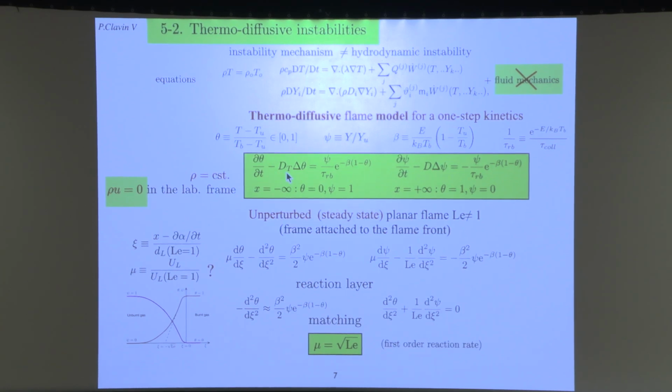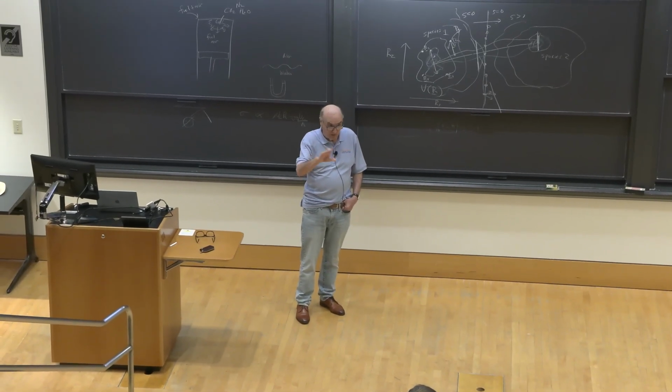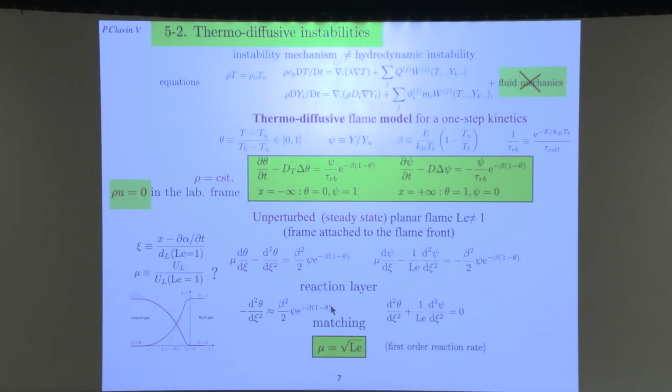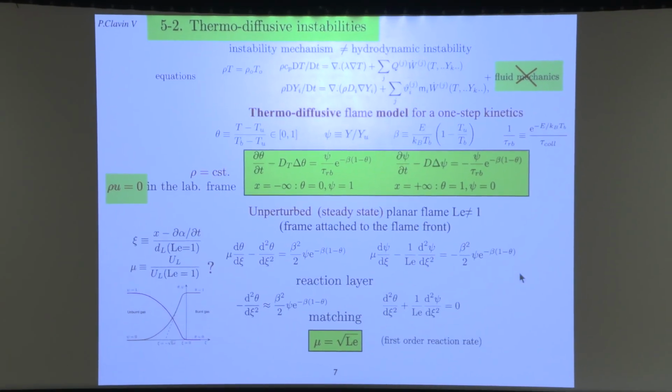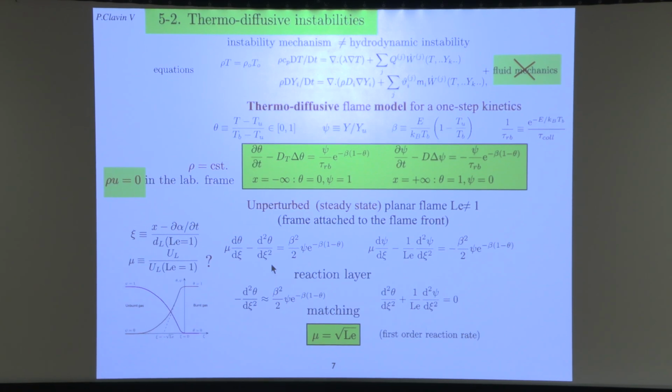That's the only difference. To begin with, you have to go back to the planar laminar flame speed to see what the effect of a difference of diffusivities is. This is very easy. In the planar case, you are solving exactly the same problem as what I did with Lewis equal 1, but it's a little bit more elaborate.